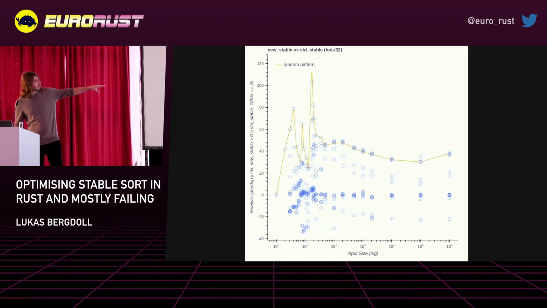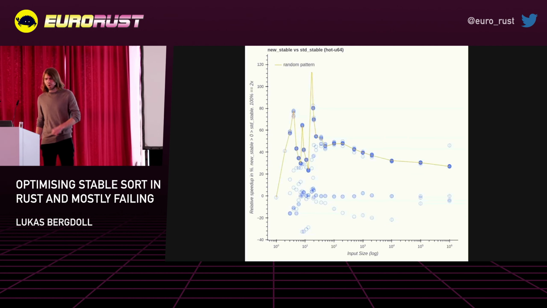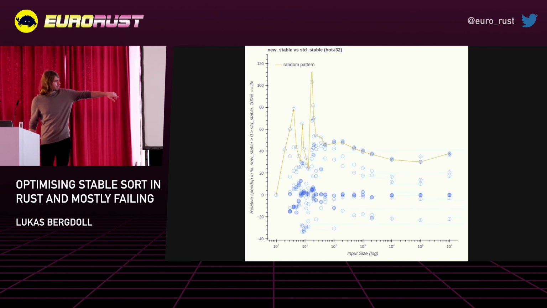And this is what the baseline looked like. For the random pattern, it's really good. For many patterns, it's about equal. For some patterns, it's worse. For some patterns, in between. But if you compare this to U64, a very similar type, essentially, that is also small, easy to copy, there's a very curious shift. You can see a lot of points go from not changing much.